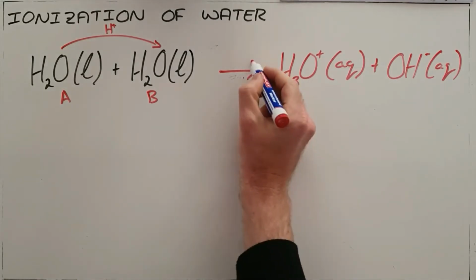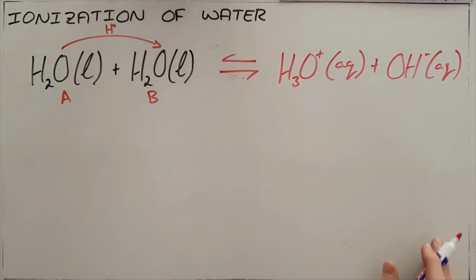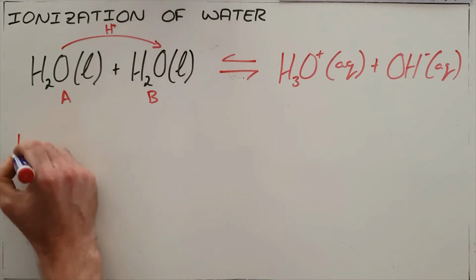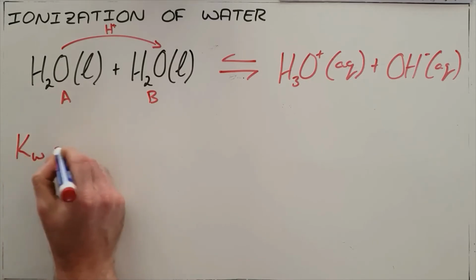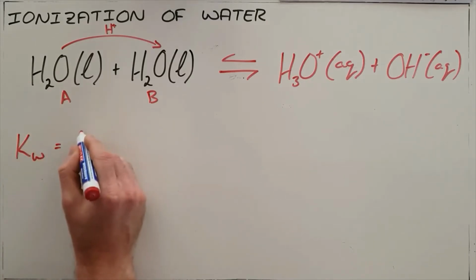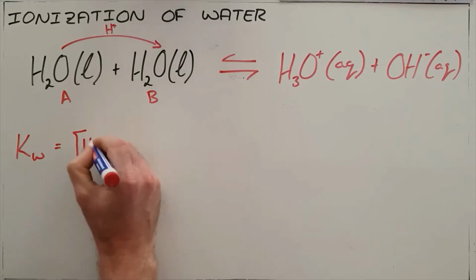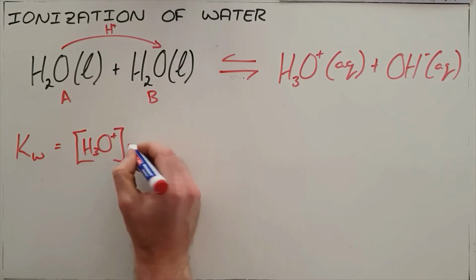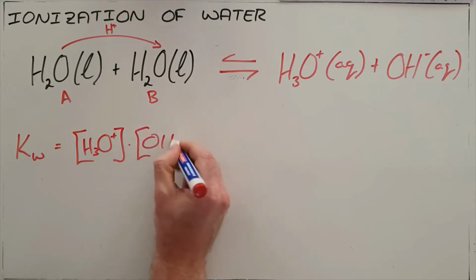Fortunately, this is a reversible reaction, and since it is a reversible reaction, that means that this reaction has an equilibrium, and we can calculate the equilibrium constant for this reaction, which is found by the product of the concentration of the two products there, hydronium and hydroxide.